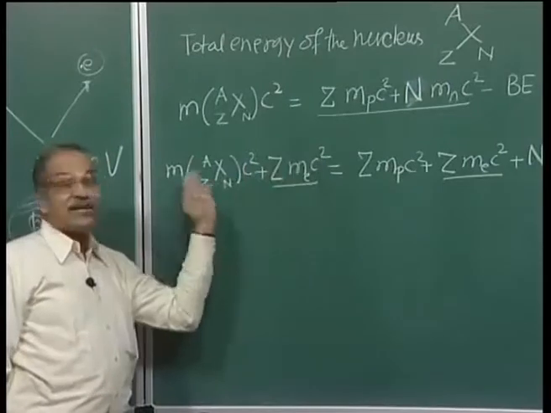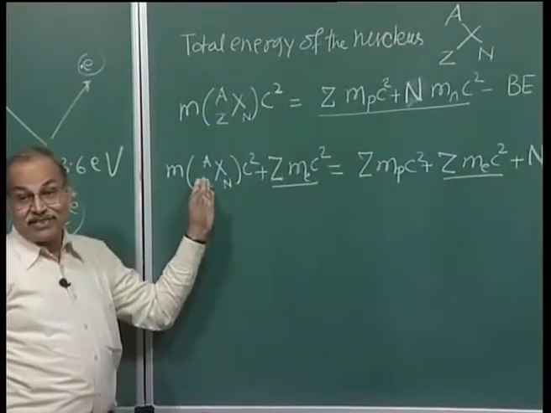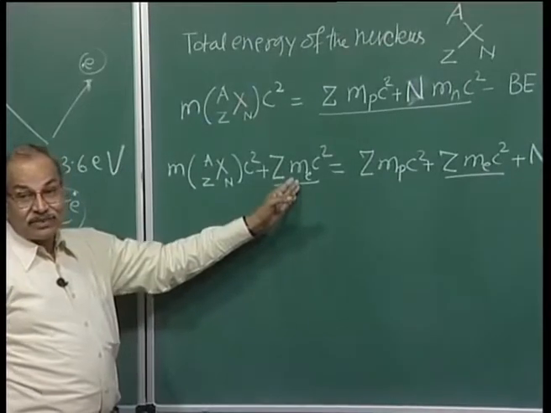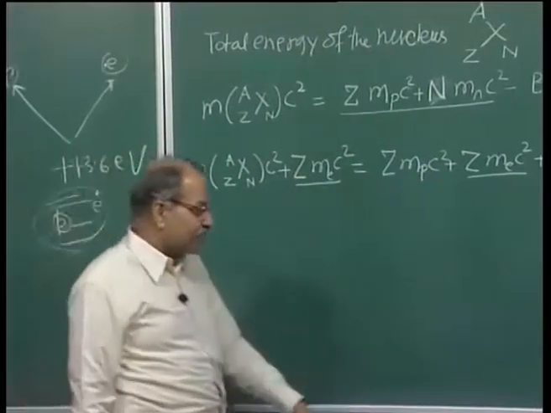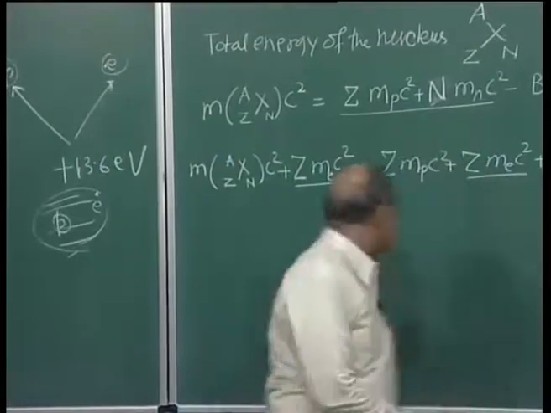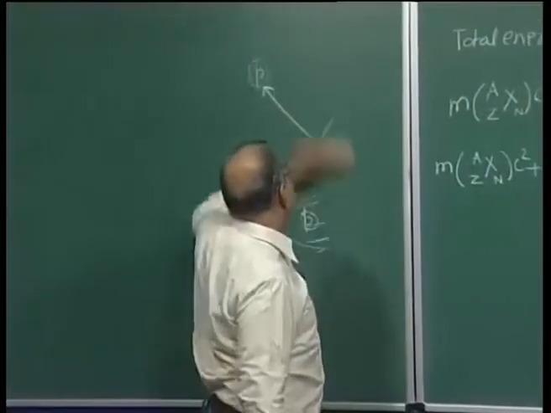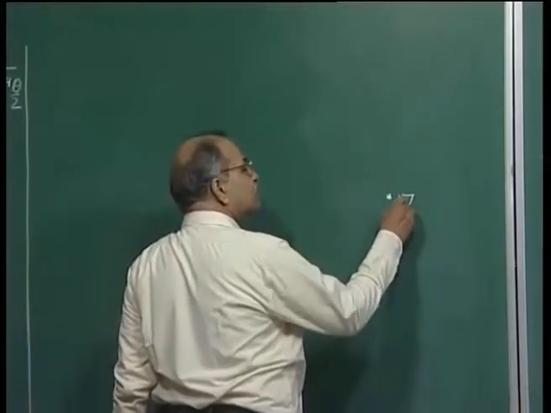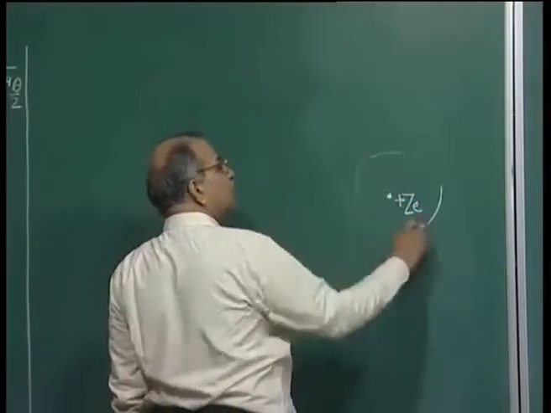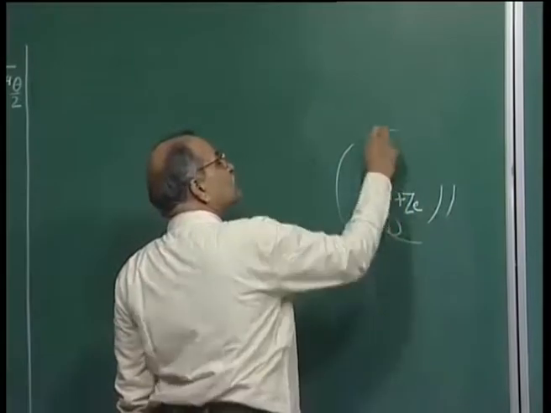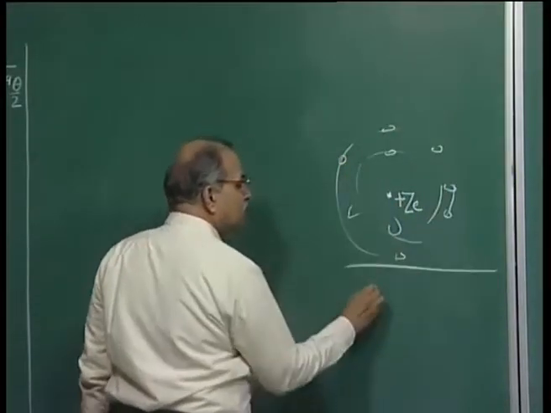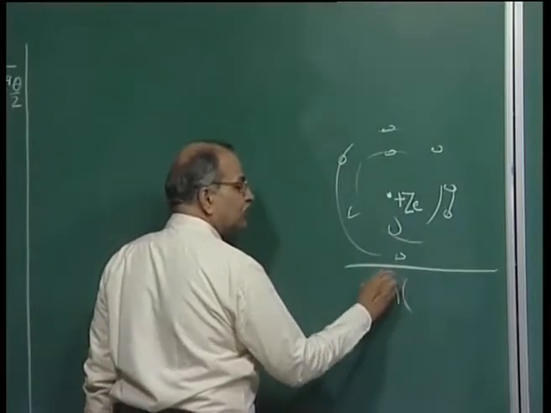This can make your atom with Z protons and Z electrons, a neutral atom, like this hydrogen that I had discussed. Suppose you have a nucleus with plus Ze charge, and then you have many electrons. What is the mass of this atom?